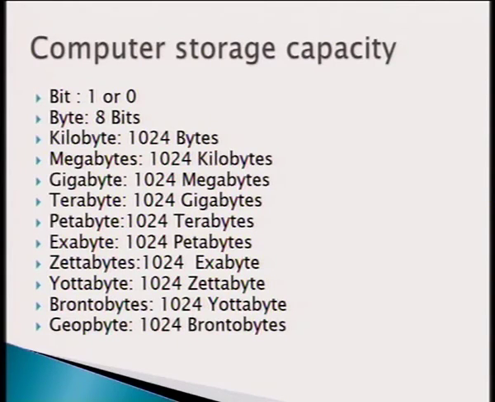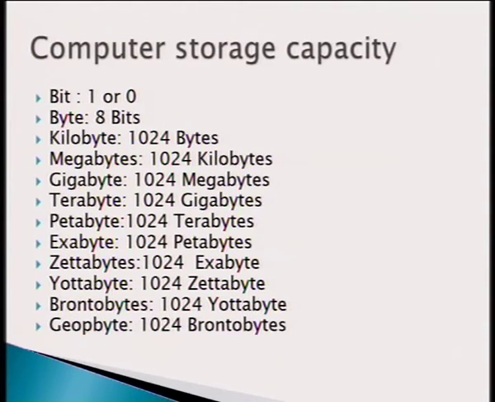A bit can either be represented by a 1 or by a 0, but we don't have storage capacities that are a bit, because this is way too insignificant. It's very, very small, but that is the smallest unit of computer storage.